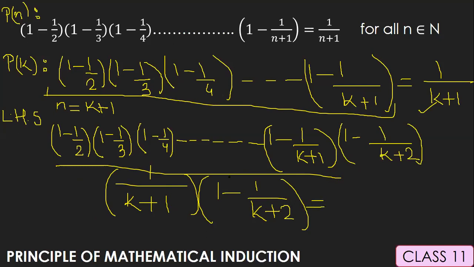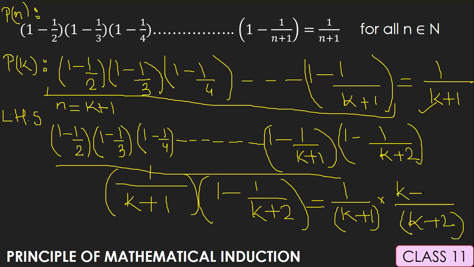So you would get 1 upon k plus 1 as it is. Take the LCM, k plus 2. In the numerator, you would get k plus 2 minus 1. So 2 minus 1 is 1, so that is k plus 1.